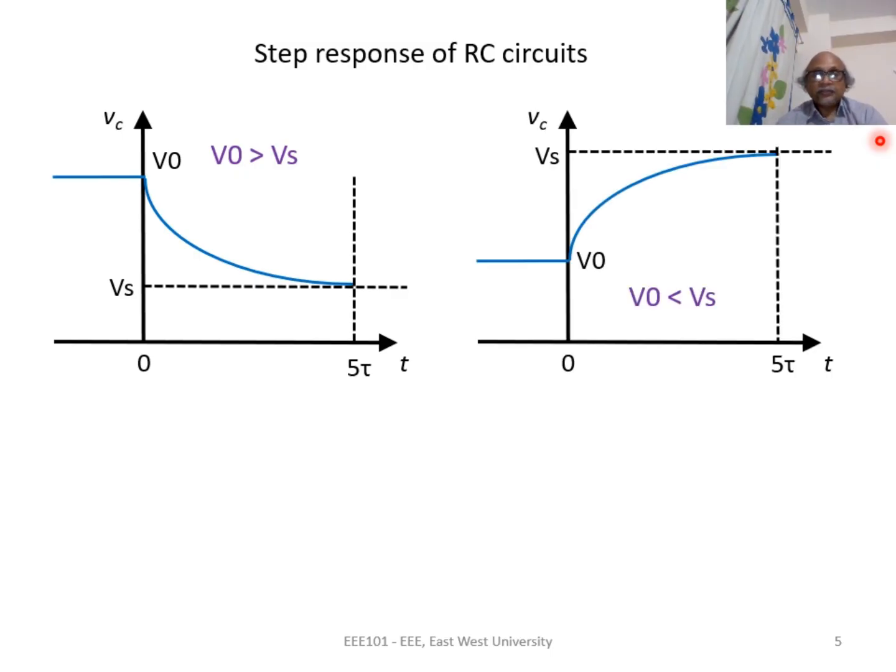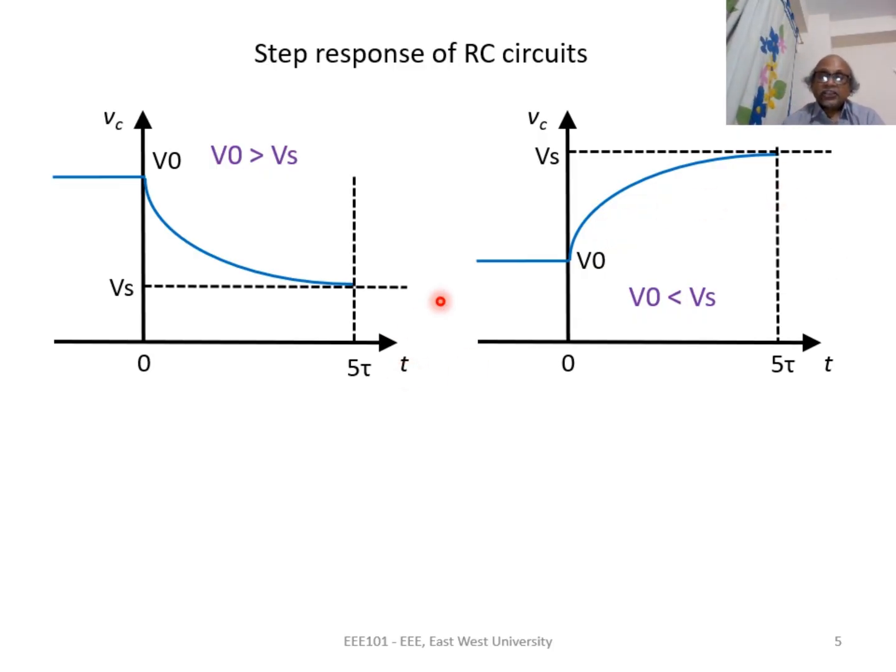The other graph looks like this, and it happens when the initial value V0 is less than the final value Vs. Here, for t less than 0, the capacitor voltage is constant at V0. That's alright, but after the switching, the capacitor does not discharge.